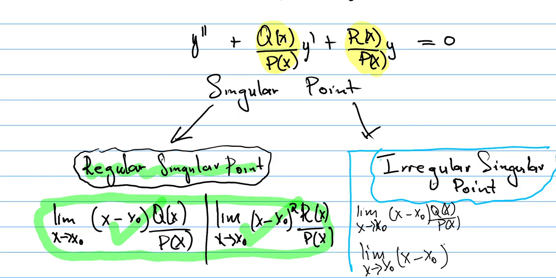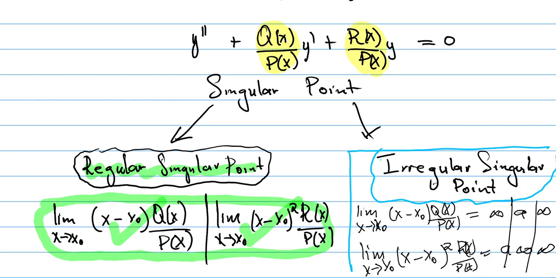So if here you get infinite and here you get a finite result, maybe a, where a is arbitrary and can have any value, or maybe you have infinite and infinite, this means this point is irregular.